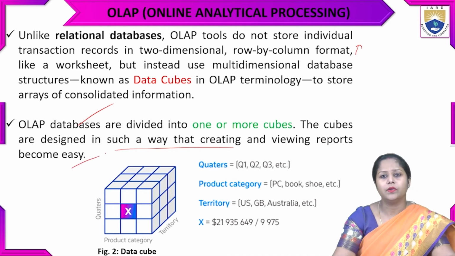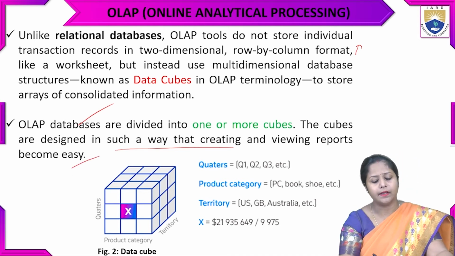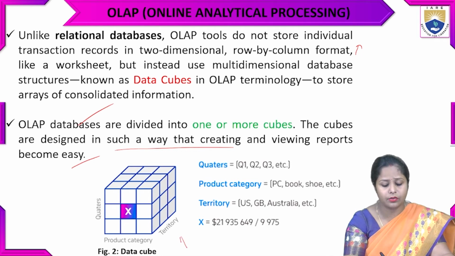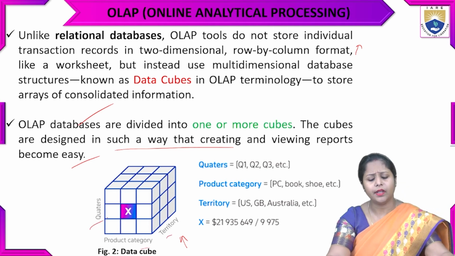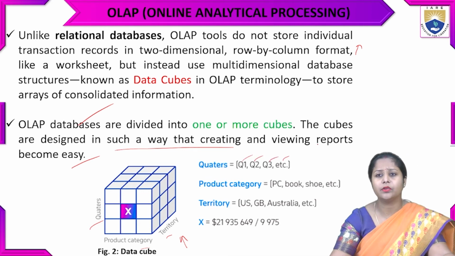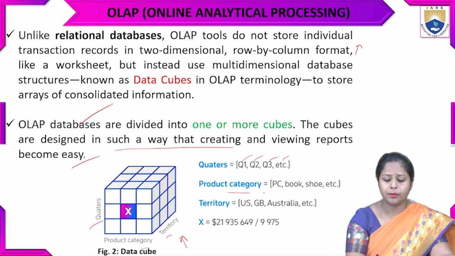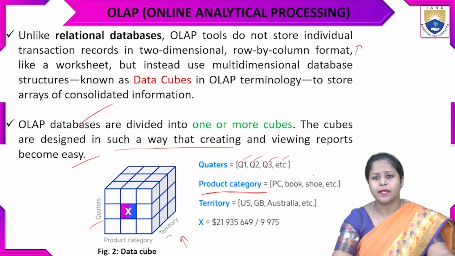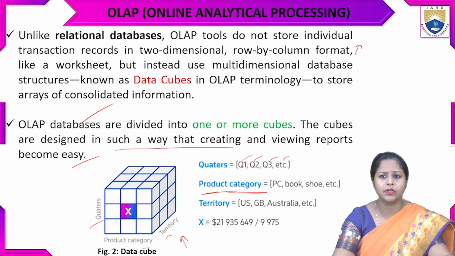In this figure we can see a simple data cube, which has X, Y, Z axes: product category, territory, and quarters. Quarters has multiple columns Q1, Q2, Q3, Q4. Product category has PC, book, SU.